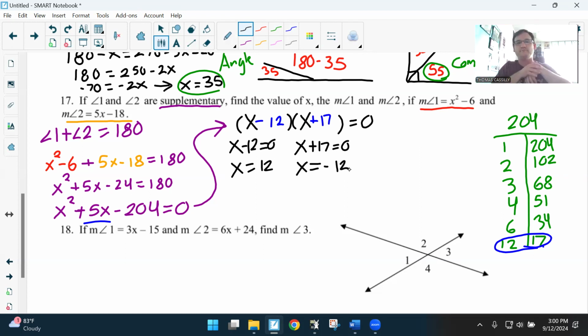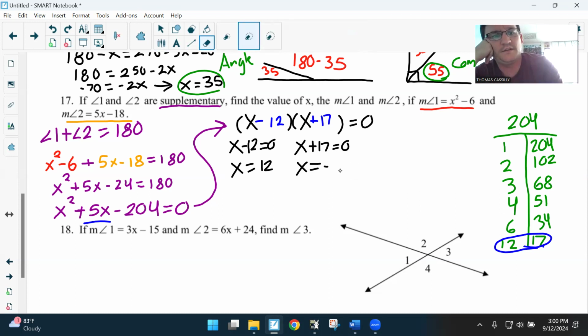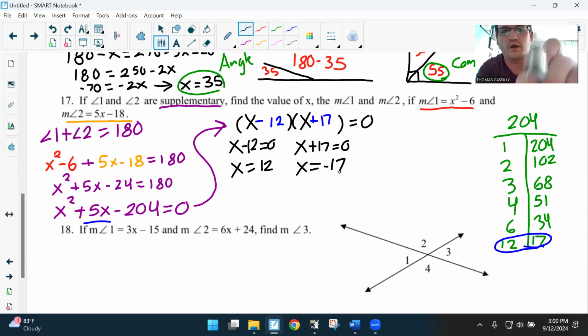All right. Now, still not done, right? They want to find the values of angle 1 and angle 2. But what we need to do is plug in both of these answers. Anytime we get two answers, that's kind of a red flag. We should double check to see if they work. So look at angle 2 here. Angle 2 equals 5 times x minus 18.